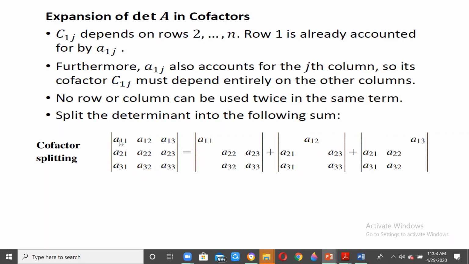So you're using first row, second row, third. Then the second term might be A11 into minus A23 into A32. So that will give us first row, second row, and third row. Similarly, all the others also will be like that.